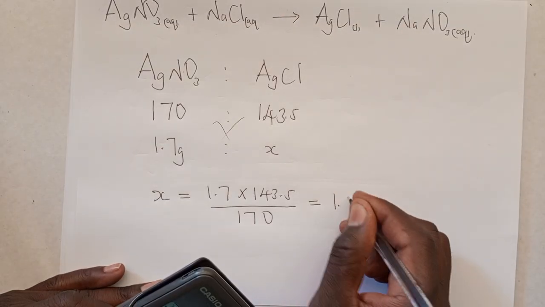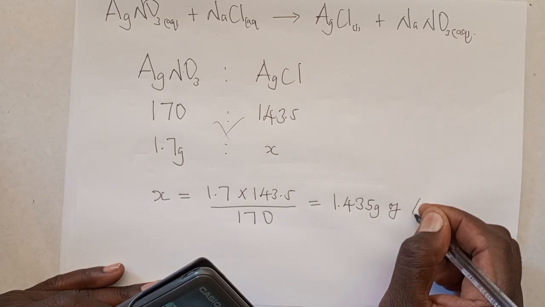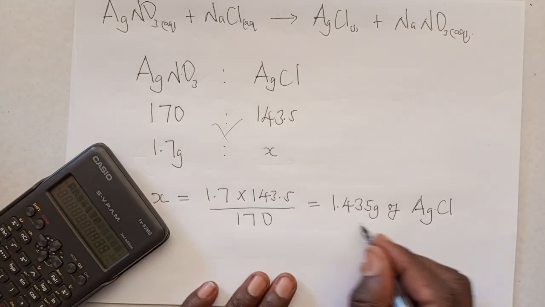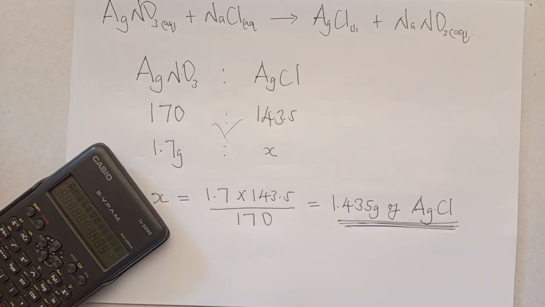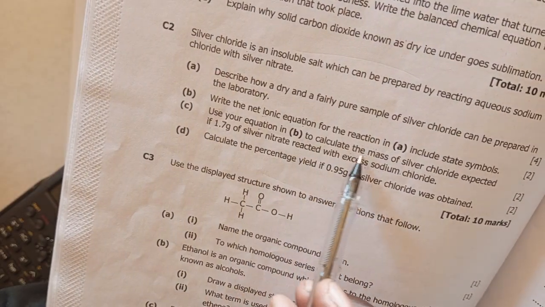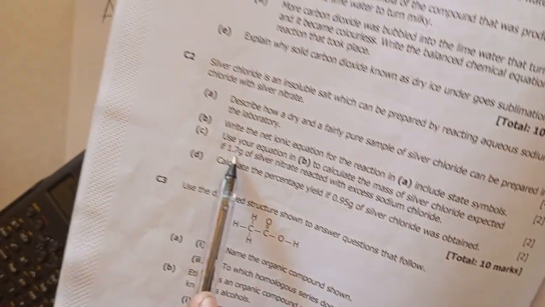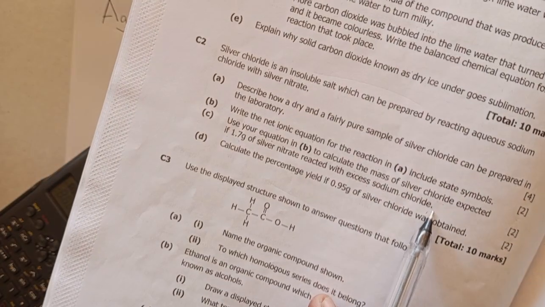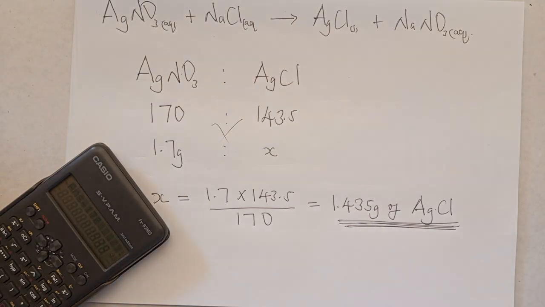So it will be 1.435 grams of silver chloride. This is the answer, because the question tells us to calculate the mass of silver chloride expected if this much silver nitrate reacted with excess sodium chloride. That's what we were expected to calculate, and this is what we have found, 1.435 grams of silver chloride.